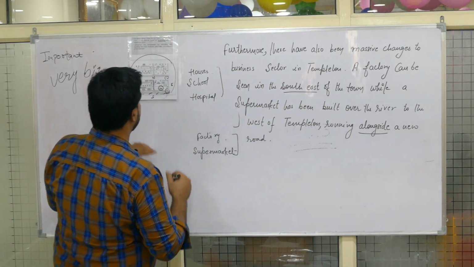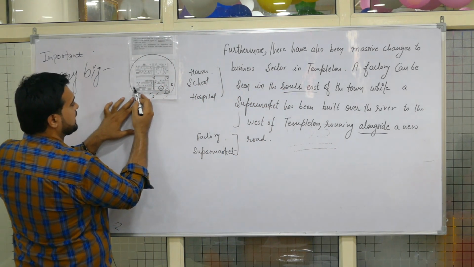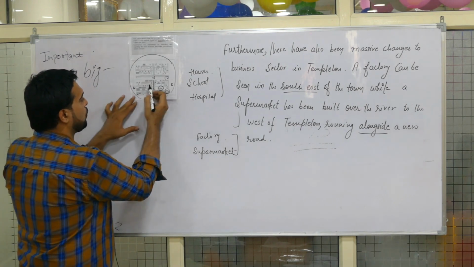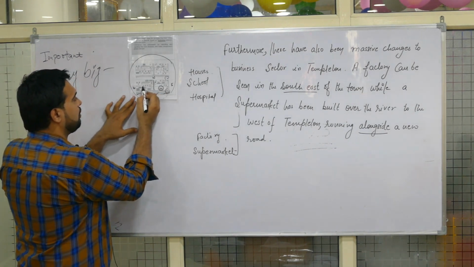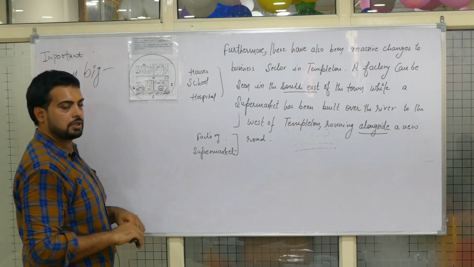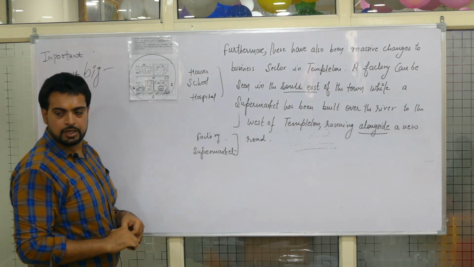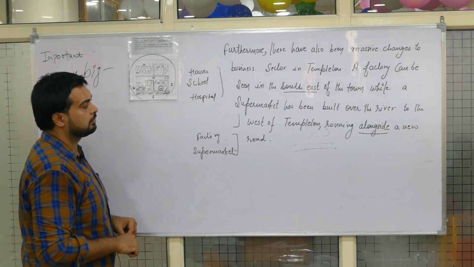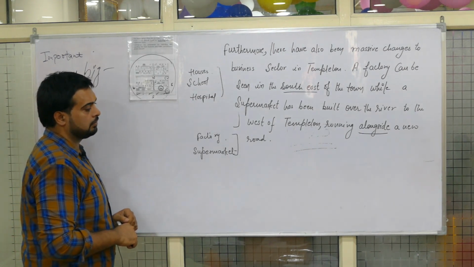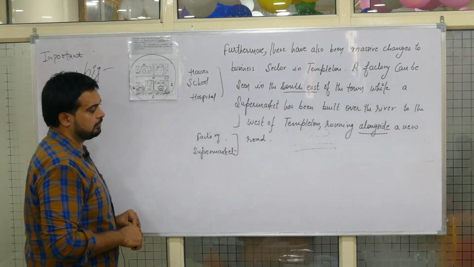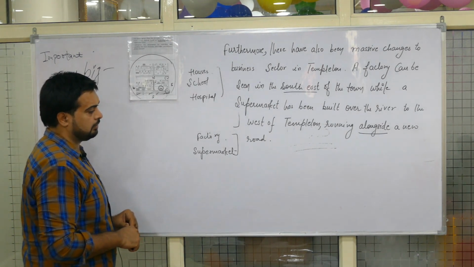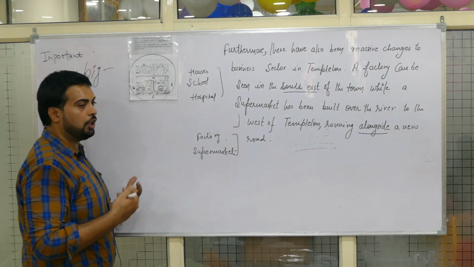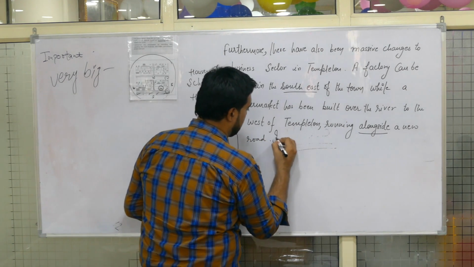Obviously, you can see the supermarket. Where's the supermarket? In the west here, running alongside a new road. You can see a new road is also running there. Running along a new road. Right? Any problem? Now we need to use the connector here, interestingly.